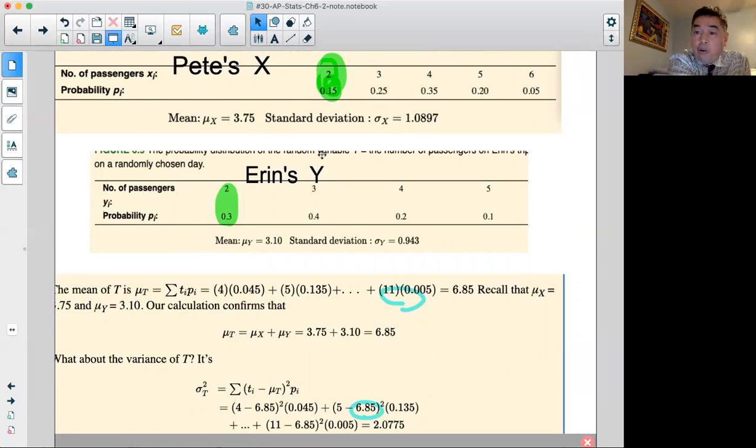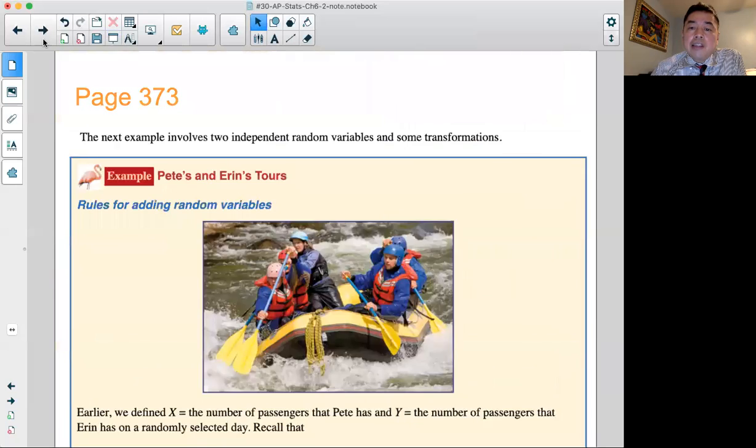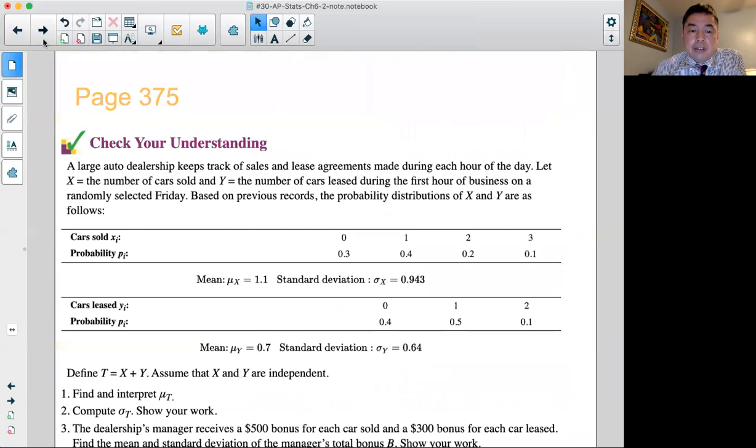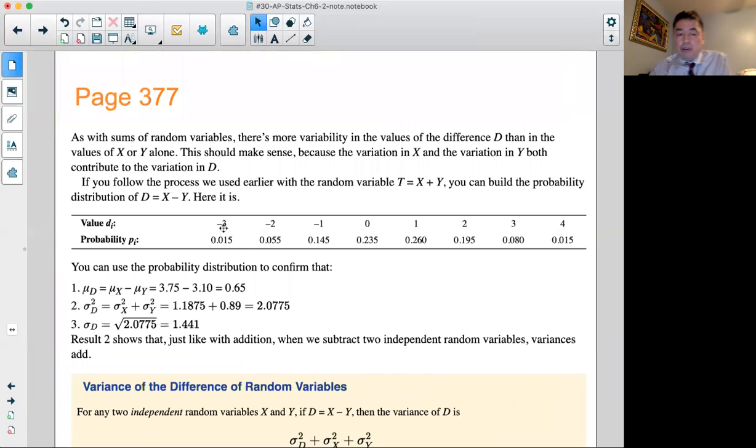So that's the lower end. The upper end is 6 minus 2, which is 4. So that's the difference range. You can think about this table: start from negative 3 and go to a max of 4. What's the interval? So 1, 2, 3, 4, 5, 6, 7.